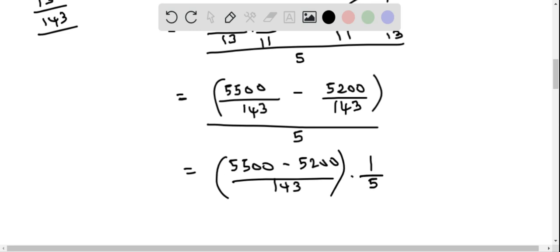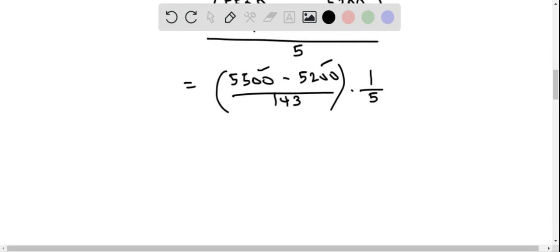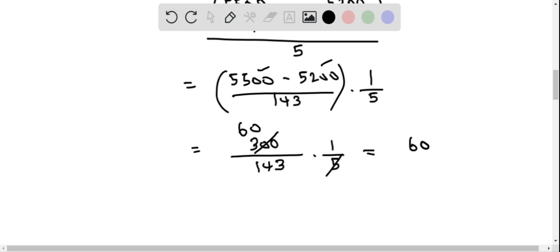I can now write this as 1 over 5 times 5500 minus 5200, which is basically 300. So we get 300 over 143 multiplied by 1 over 5. Now we cancel this 300 with the 5. This goes 60 times. So we get 60 over 143.